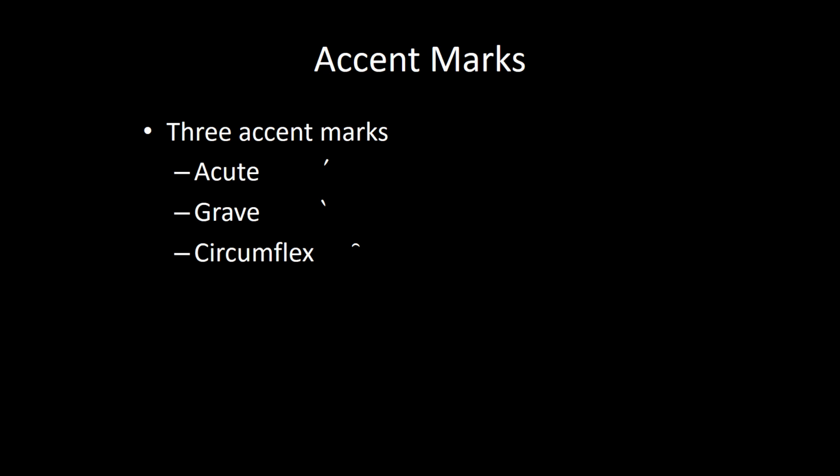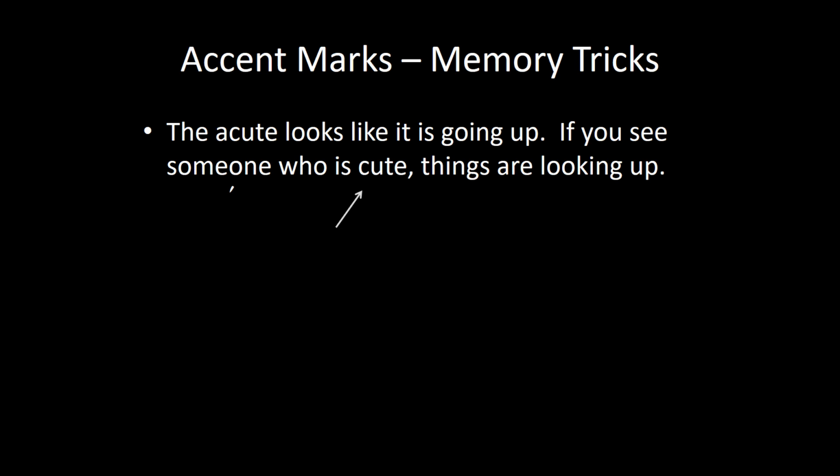Okay, we've got 3 accent marks. These are the acute, the grave, and the circumflex. Here's a goofy trick to help you memorize these. The acute, to me, looks like an arrow going up. And if you see someone who's cute, things are looking up, provided that you're not married, in which case, look away.